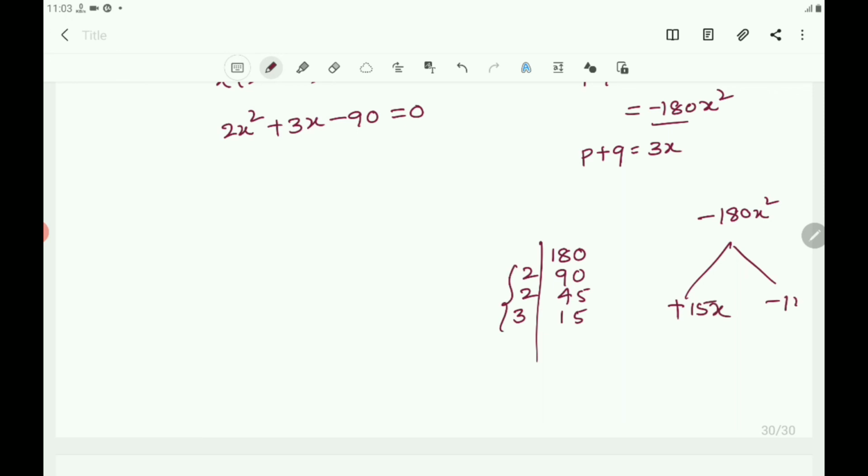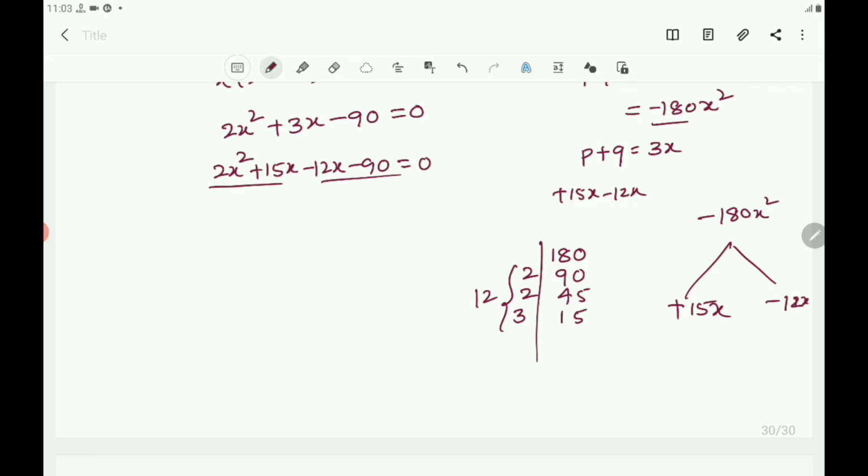You know that 15 minus 12 is 3, so the factors are 15x and 12x with a difference of 3. So you take plus 15x minus 12x, and we write 2x square plus 15x minus 12x minus 90 equals 0.